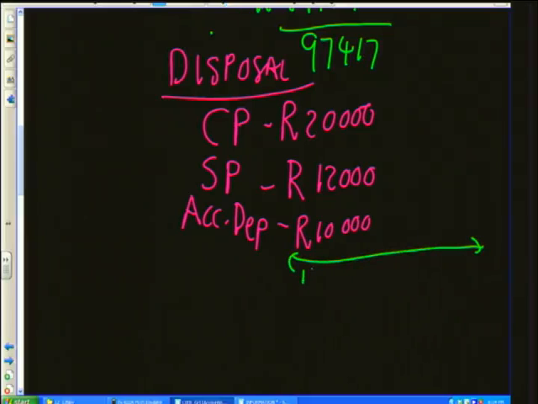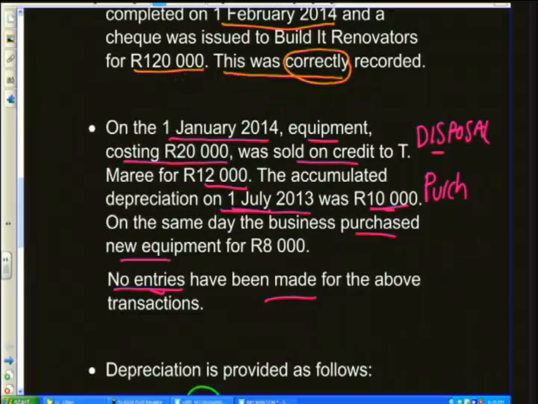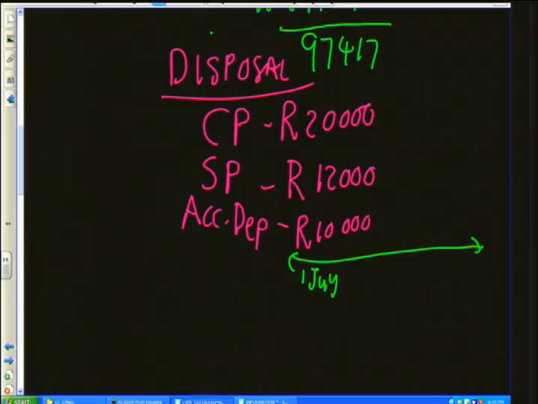So in other words, on the 1st of July, the accumulated depreciation was 10,000. When did we sell this asset? Again, let's go back to our information. The asset was sold on the 1st of January 2014. Okay, so the asset was sold somewhere here, 1st of Jan 2014, which means we obviously used the asset before we decided to sell the asset.